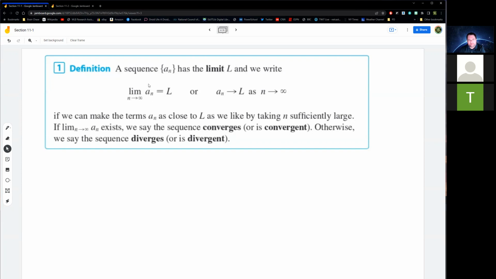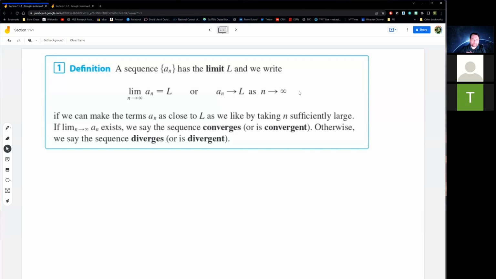The limit as n goes to infinity of that sequence goes to an L. Now, the L is either a specific number, if it exists, or it goes to infinity, in which case it diverges. They're both saying the exact same thing: as n goes to infinity, the term value goes to infinity.